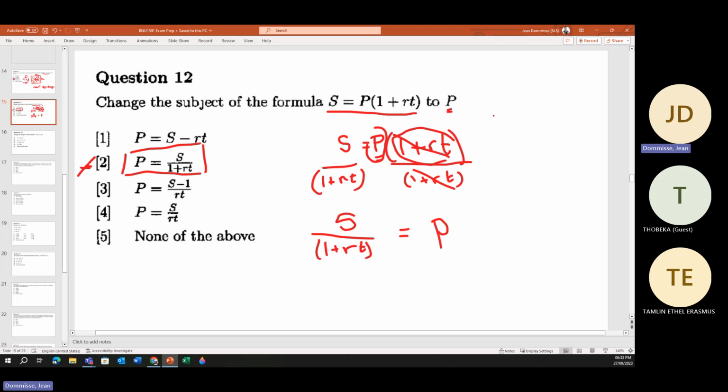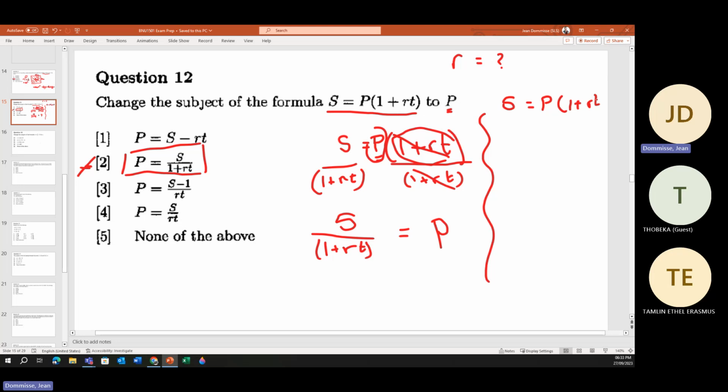Okay, we could have also, and let me quickly show you how to do it, I could have said, write it in the subject of R. So not P, not T, R. I just want to show you how we would have done that. So again, I would have written down my original formula.